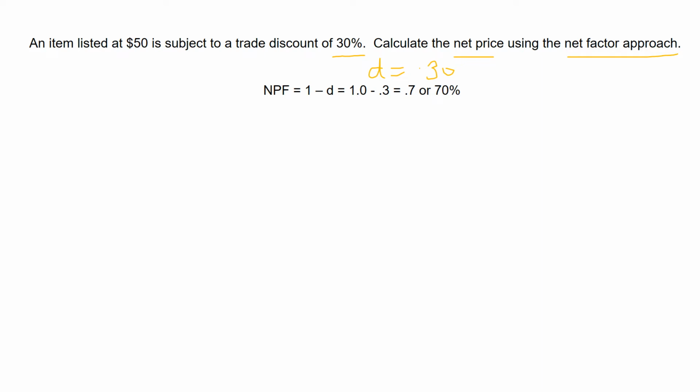NPF is 1 minus D, which comes out to be 0.7. Then net price is list price times NPF. So 50 times 0.7, the final amount is $35. So we're going to pay $35 instead of $50 after getting a discount of 30%.